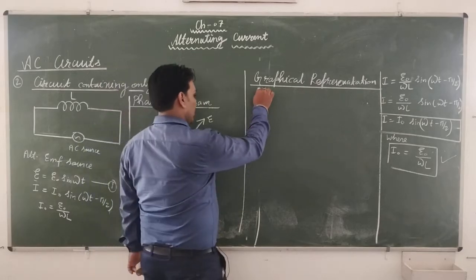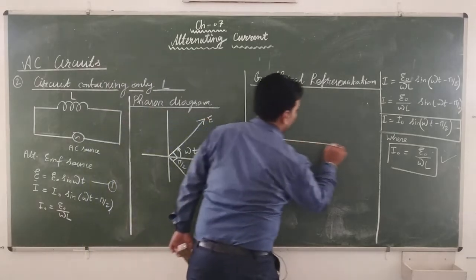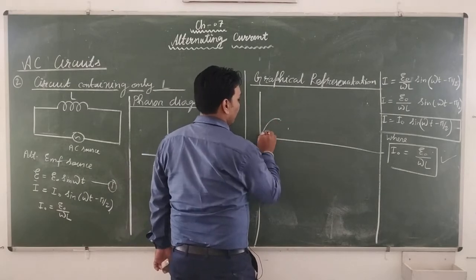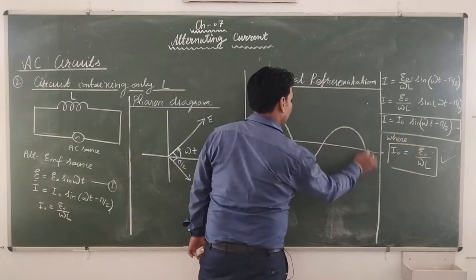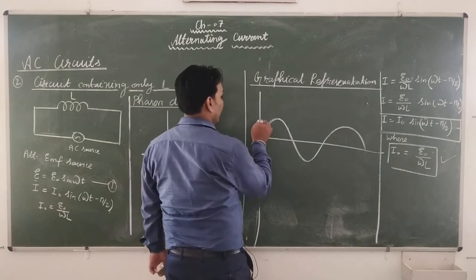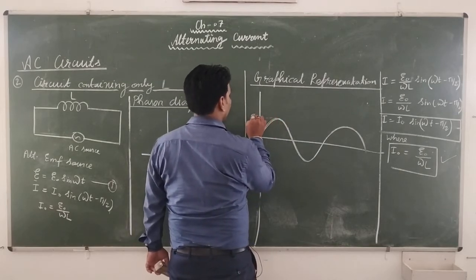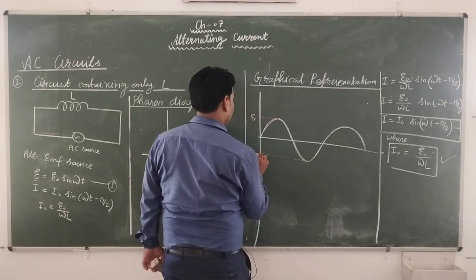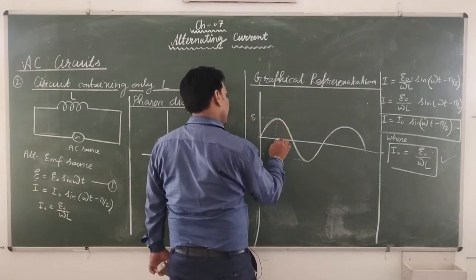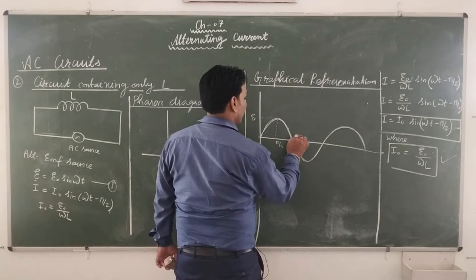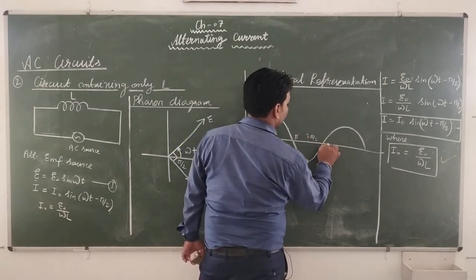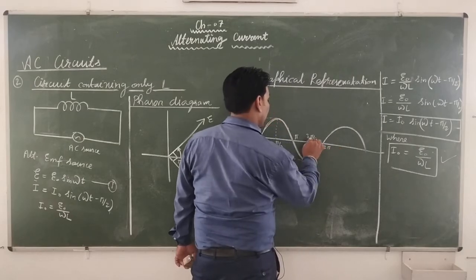Let us see on a single graph also. The graph of current is this, sorry, EMF. This is your E naught, this is your minus E naught. This angle is what? Pi by 2. This is pi. This is 3 pi by 2. This is 2 pi, right?